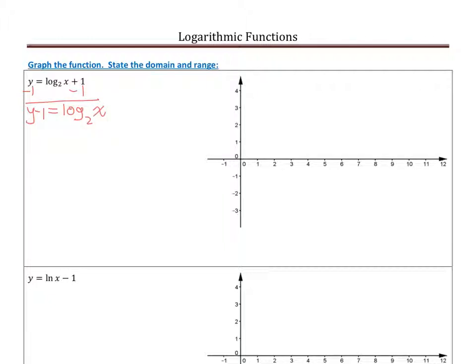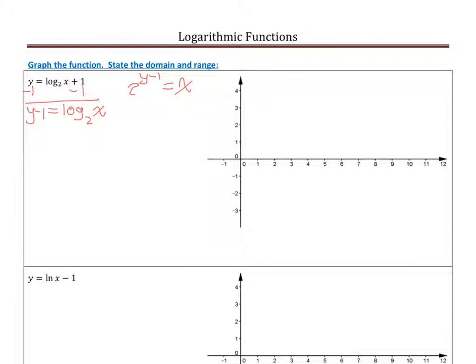And the log of anything is the exponent, so we're going to rewrite this logarithmic function in exponential form. So we've got this base 2, and it's raised to y minus 1, and that is going to equal x.